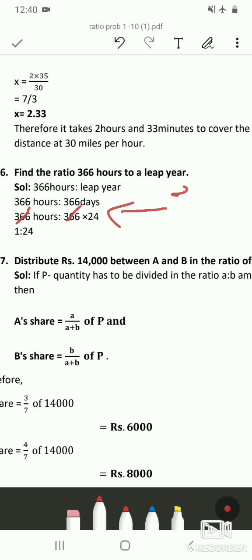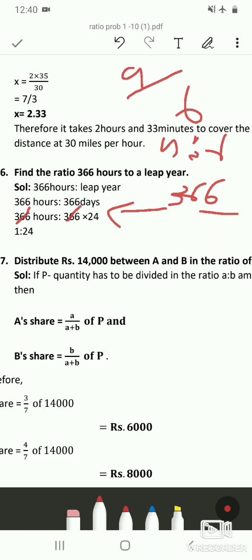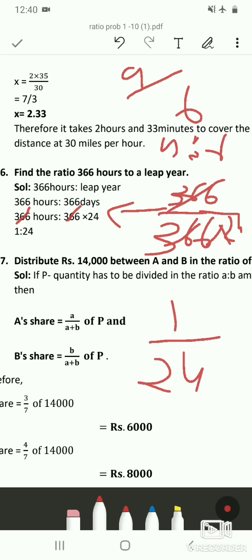That is, a is to b can be expressed as a upon b. So here a is 366 divided by 366 into 24. So this 366 and 366 will get cancelled. So we'll get 1 upon 24. So here a is 1 and b is 24.